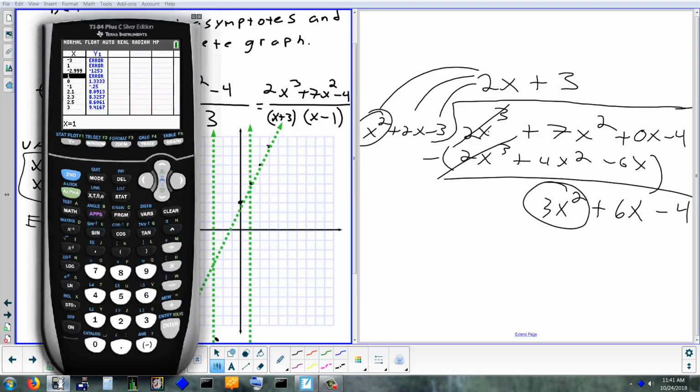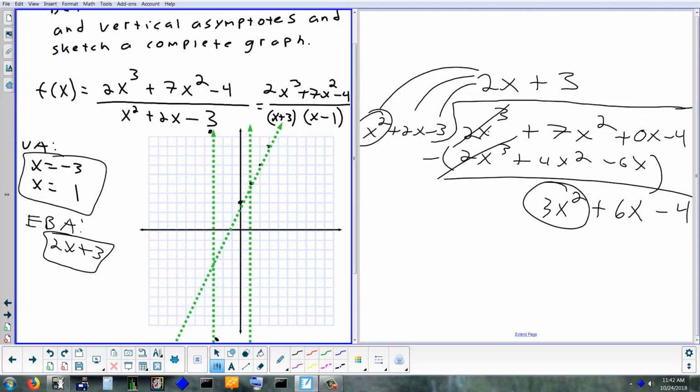What would be another good value to plug in? Yeah, I would go even closer to -3. -3.001. Sure, that works. We're up over 1,000. Okay, so that's going to be up here. Okay, so far so good.